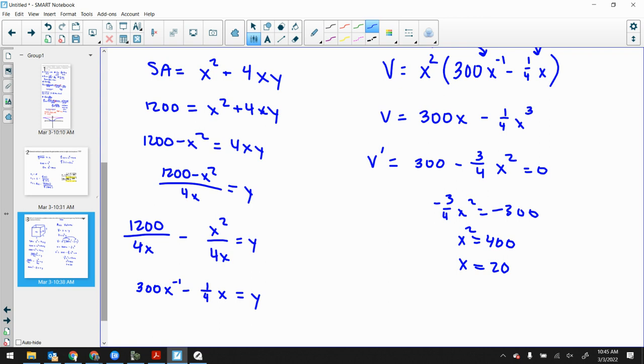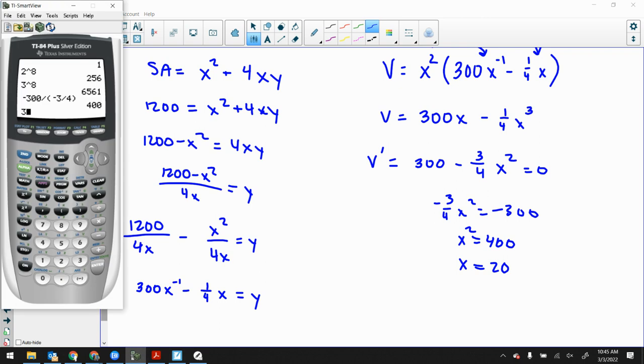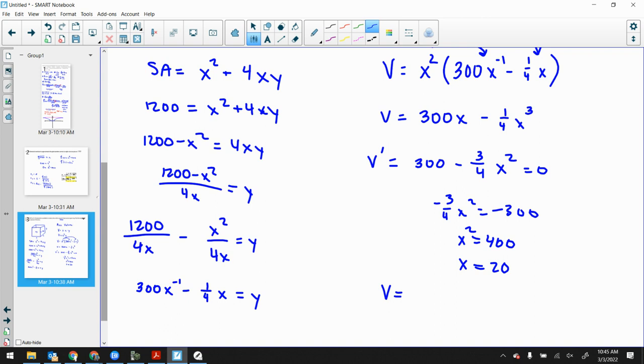But look, I have an equation right here that's going to tell me volume. 300 times 20 minus 1/4 times 20 cubed. 4,000. So volume is equal to 4,000 cubic centimeters.